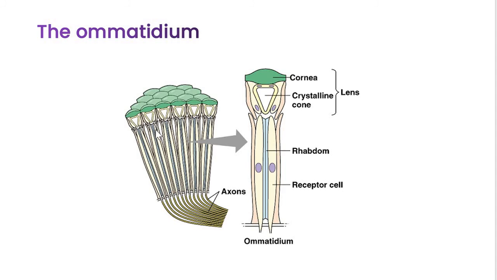Here you can see the single structure of an ommatidium, and such ommatidia collectively form the compound eye. These are the hexagonal facets, and from the hexagonal facets we can count the total number of ommatidia of the compound eye.